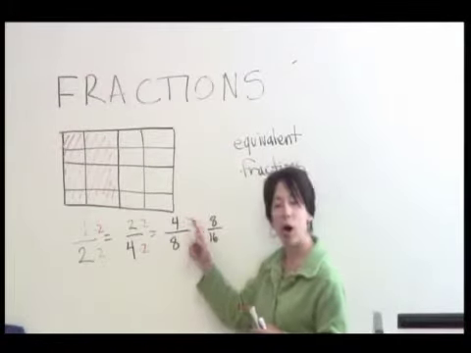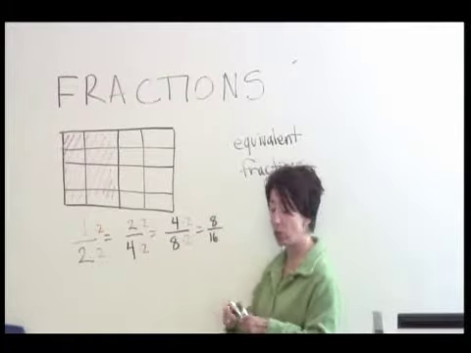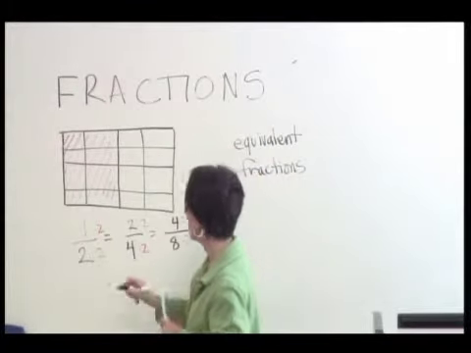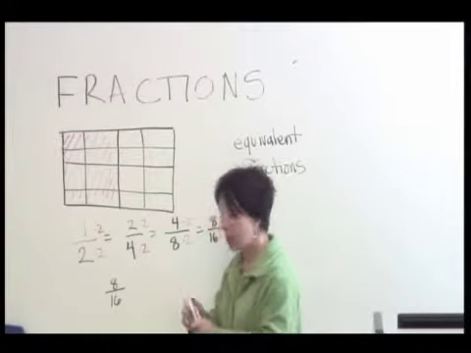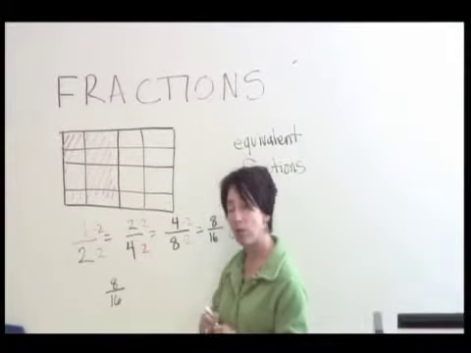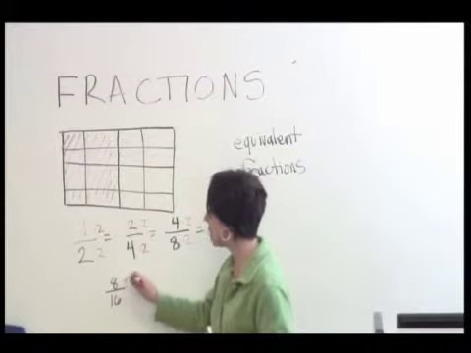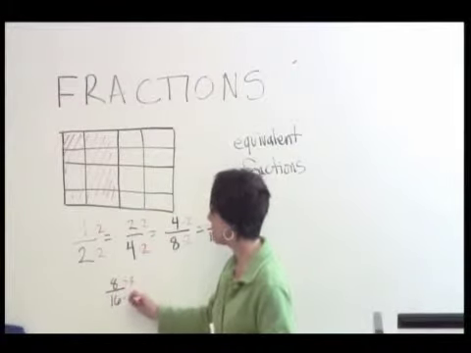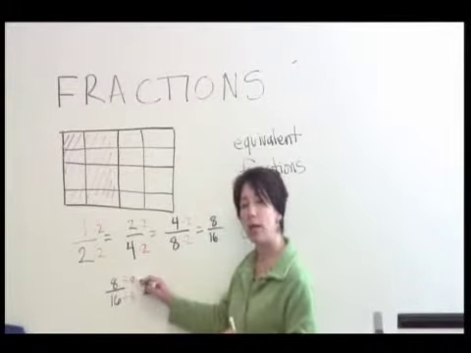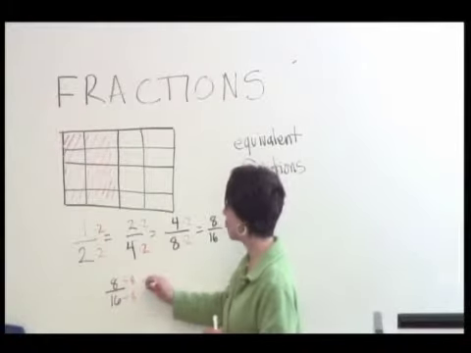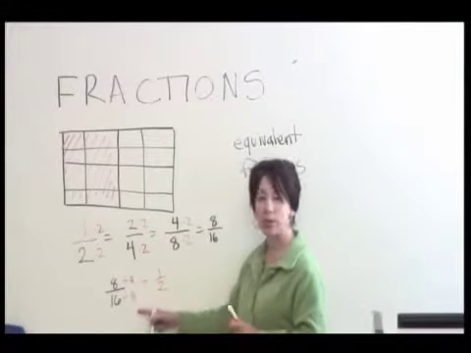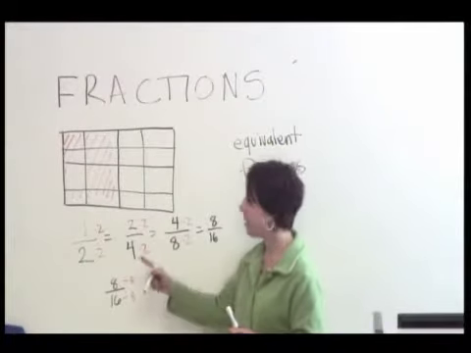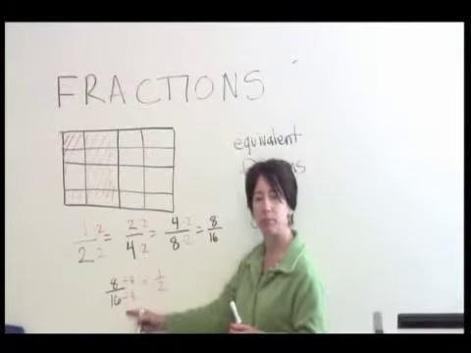Well, we can do the opposite of multiplication, which is division. And as long as we are dividing by the same factor in the numerator and the denominator, I'm not going to change the value of the overall fraction. So 8 over 16 we know is 1/2. 8 is half of 16.